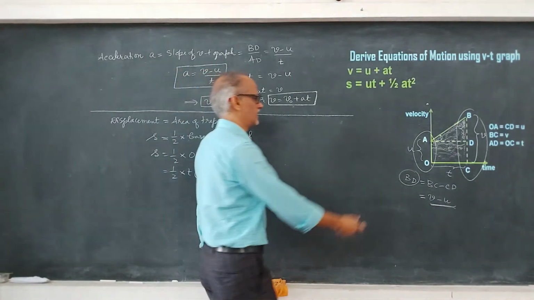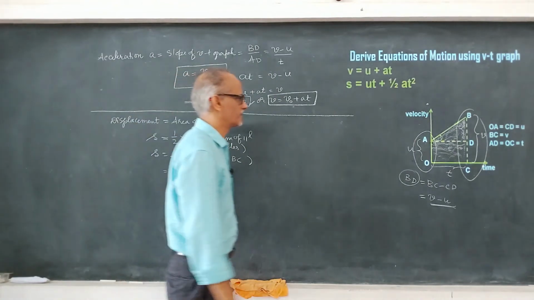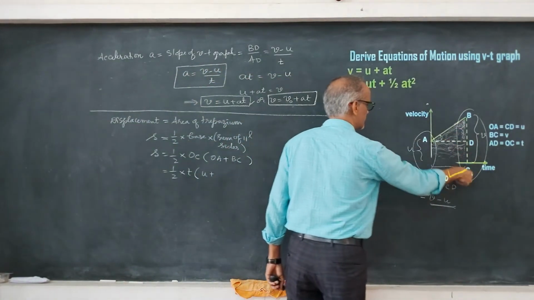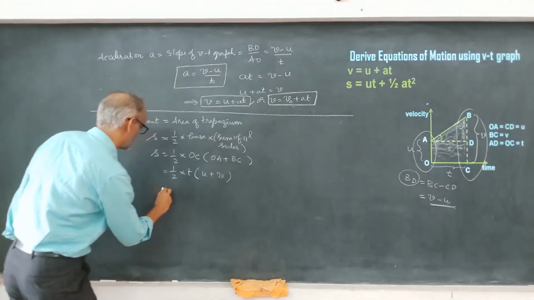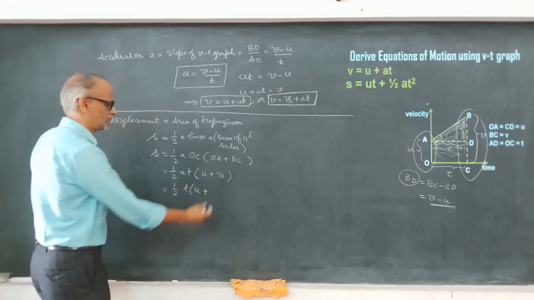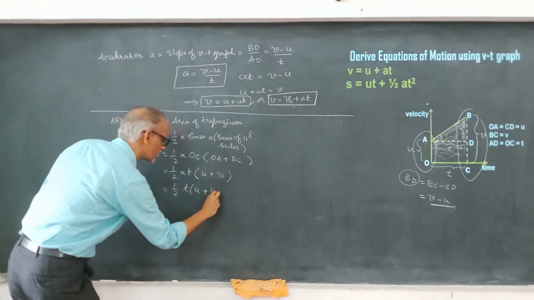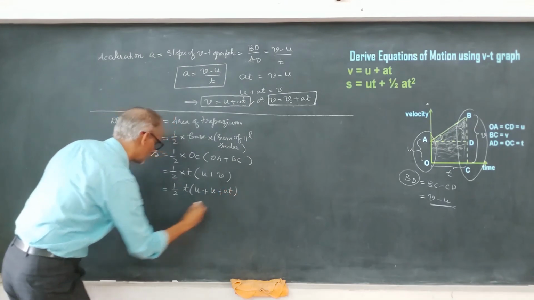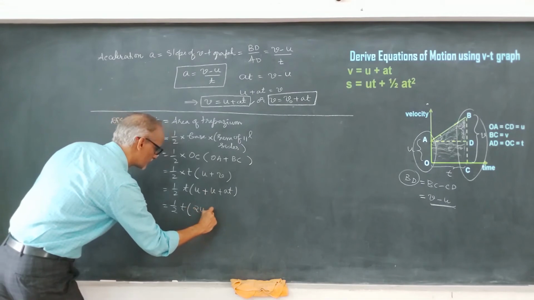What is OA? That is U, plus, what is the BC here? BC is nothing but V. So that's half T into U plus, replace V from here. What is the V? V is equal to U plus AT. So that's half T into U plus U, which is 2U plus AT.